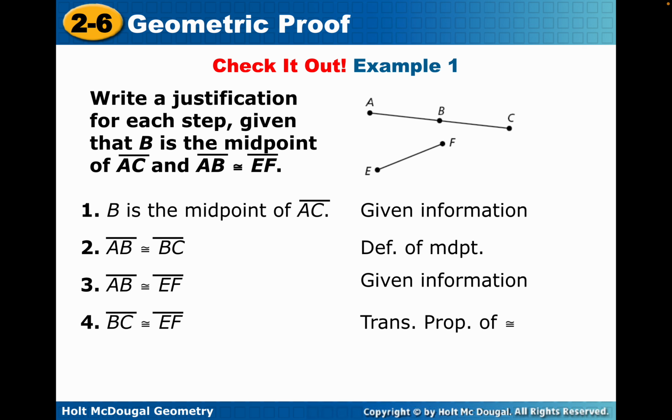AB and EF, those are equal because they are both equal to BC. I'm just drawing that out to make it make more sense. Eventually we'll use transitive a lot, especially when we go into some of our angles. So that's the transitive property.